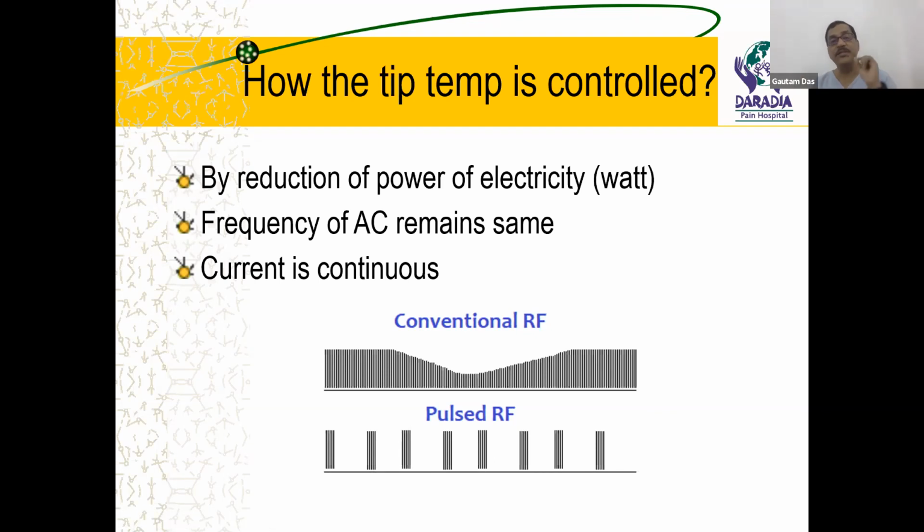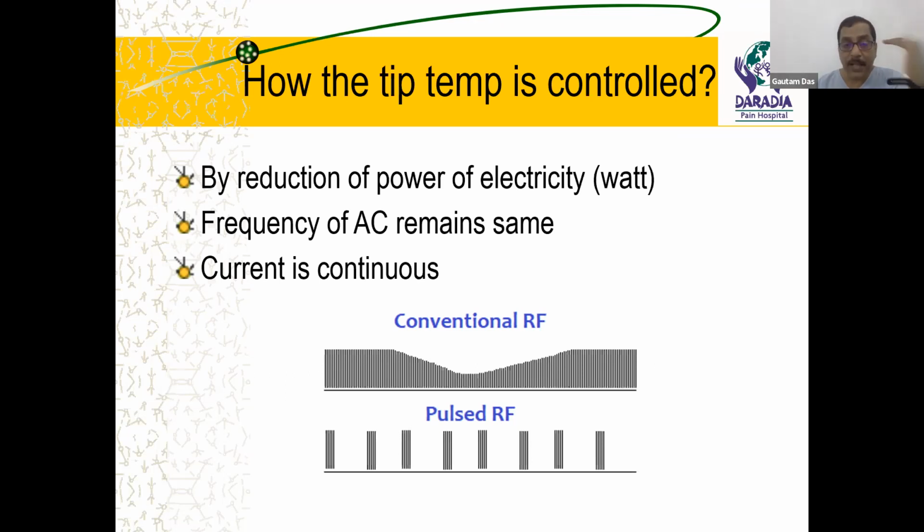The benefit is that you can produce a strong electromagnetic field. That strong electromagnetic field is because of the high frequency electricity, 300,000 hertz. But the temperature is not allowed to go beyond 42 degrees centigrade.